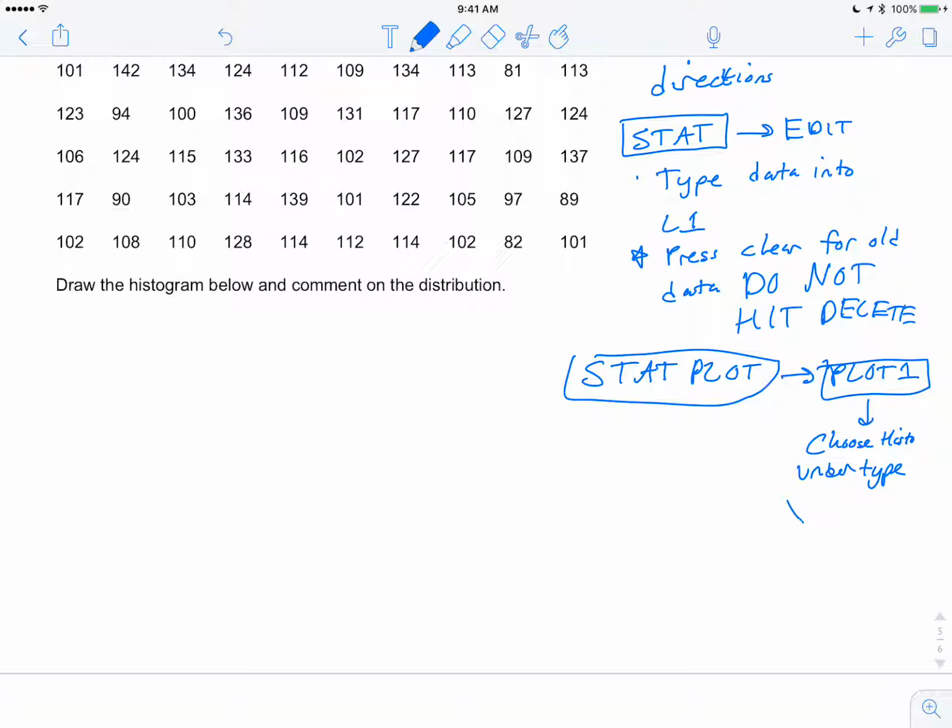And then your X list is L1, what you just typed into. And the big thing here, what's nice, is the calculator zooms in for you to where you want to go, right where the data is centered. So you press the zoom button after you press graph, and then 9. That's your ZoomStat. The calculator just knows where to go to center the data into one spot.